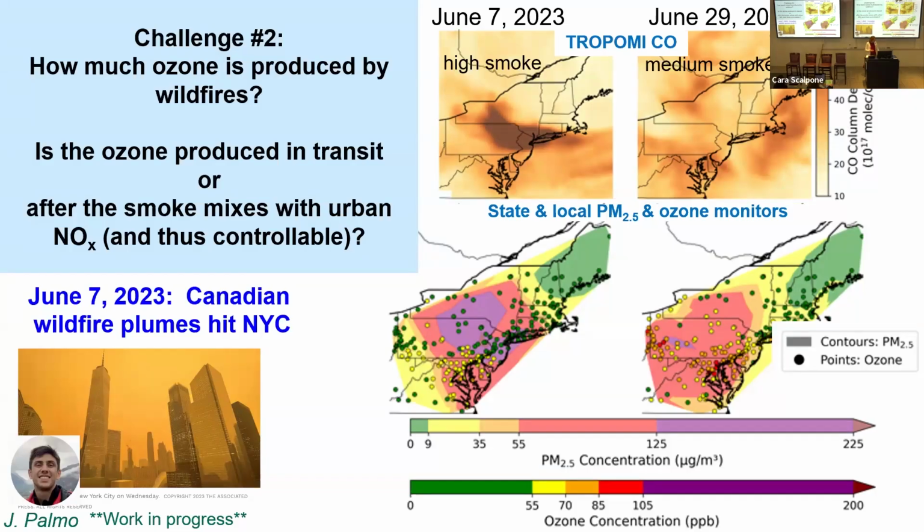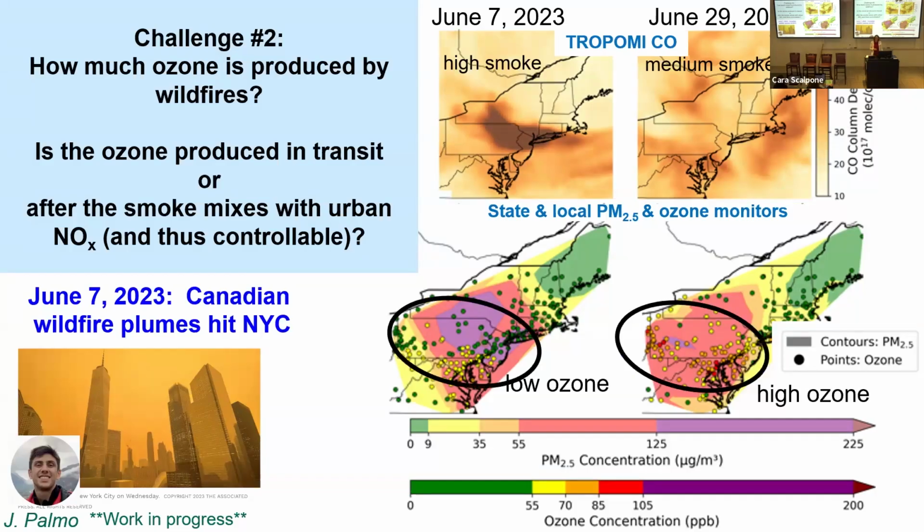What's intriguing is that on June 7th, despite the super high PM and the high CO in the column, we see actually very low ozone on those days. In contrast, on June 29th, ozone levels coincident with the high PM are also elevated and higher. And so what's different on these days? What are the conditions leading to this? These are the questions that we're trying to dig into.